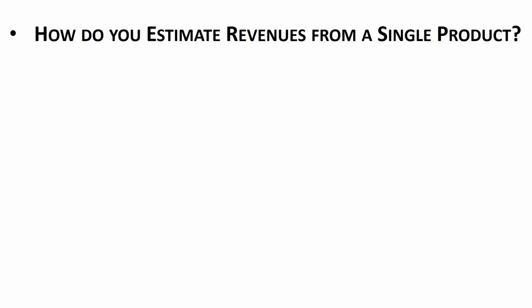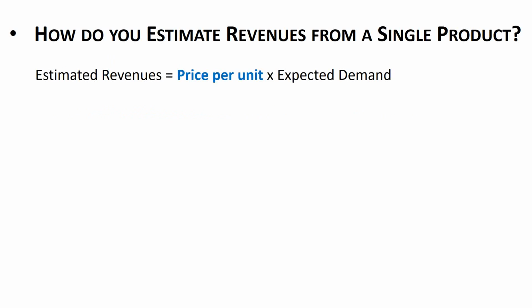So how do you estimate revenues from a single product? It's pretty common sense. Estimated revenues from, let's say, the t-shirts that we sell, or somebody who is charging a subscription fee for a website, is the price per unit times the expected demand in a year.